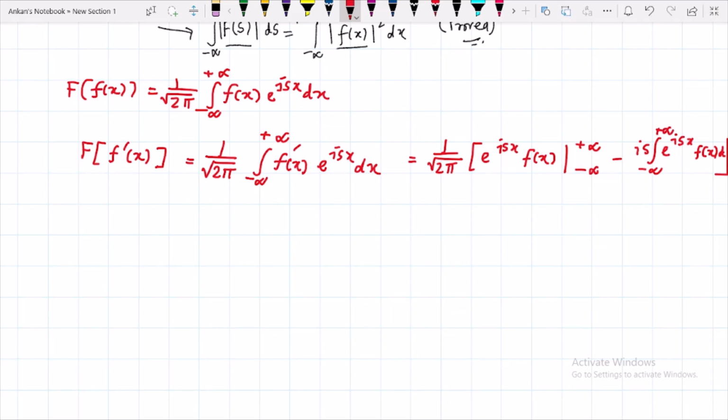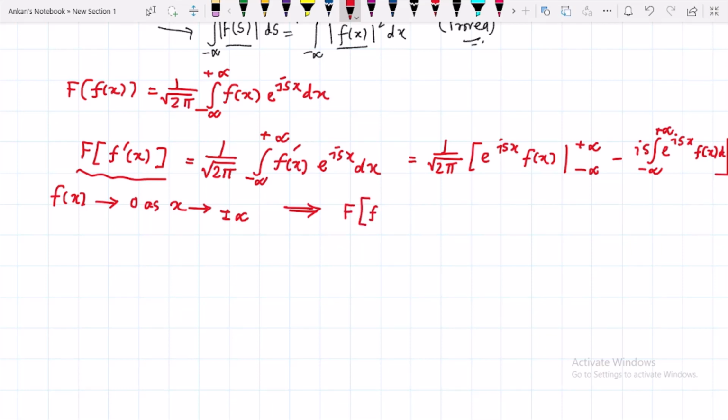Now, when you are asked to find out the Fourier transform of the derivative of a function, it is given to you that if and only if f(x) tends to 0 as x tends to plus minus infinity, then you can do this.